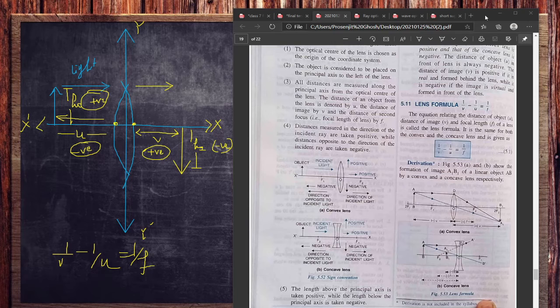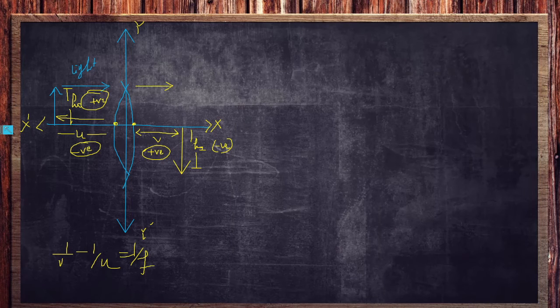One more thing I want to discuss is the magnification and the power of the lens. Let me discuss the magnification first. What is magnification? Magnification is how large the image is compared to your object, so you need to compare their heights.